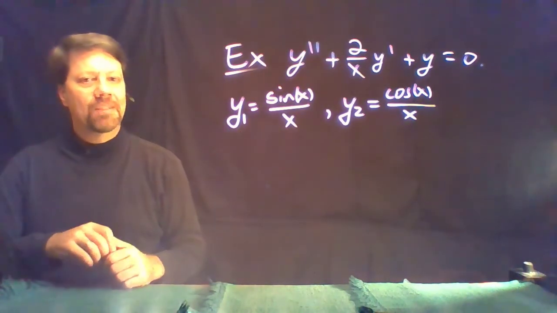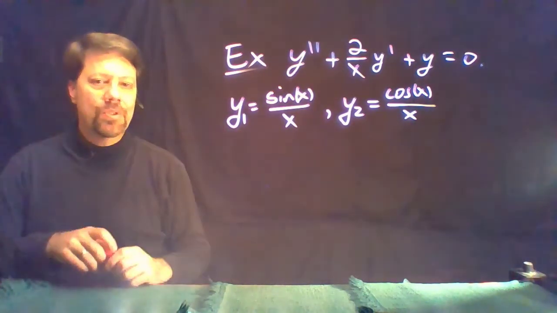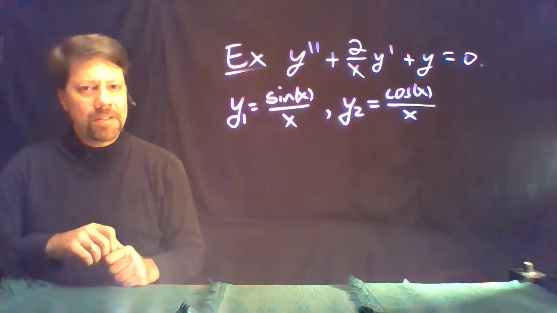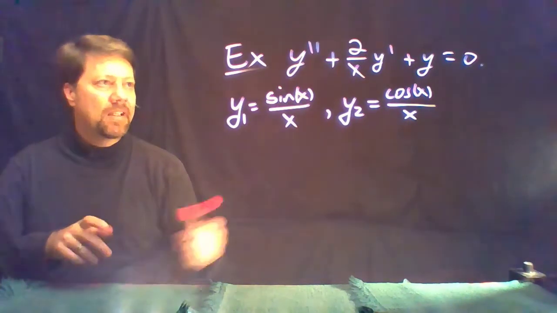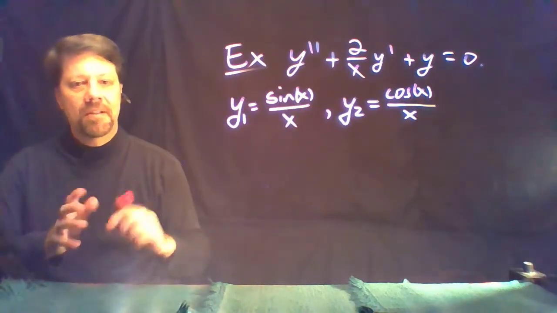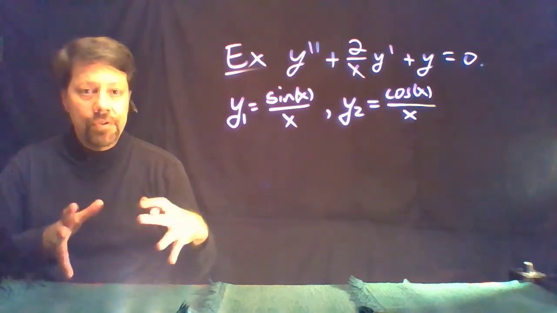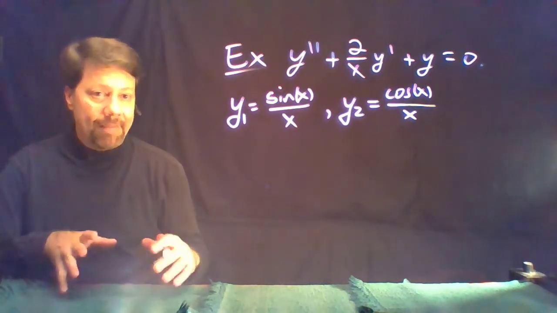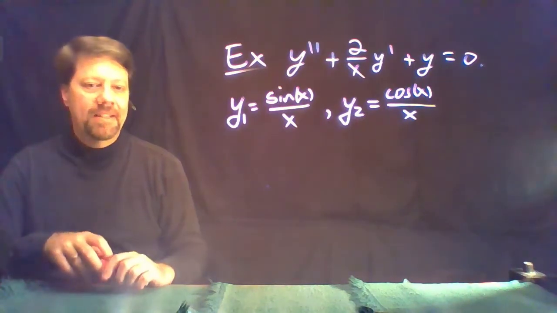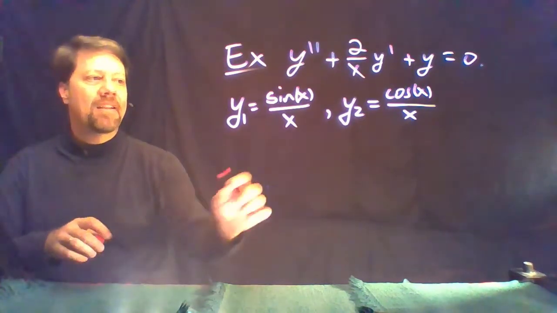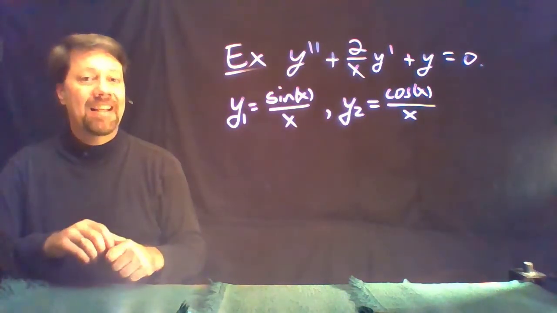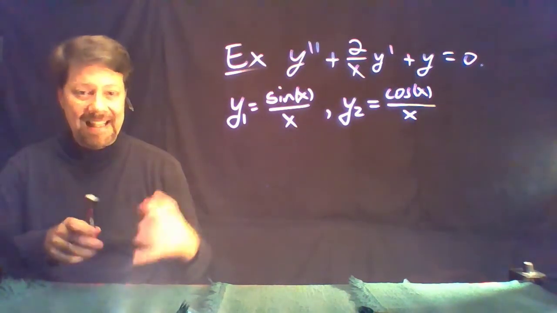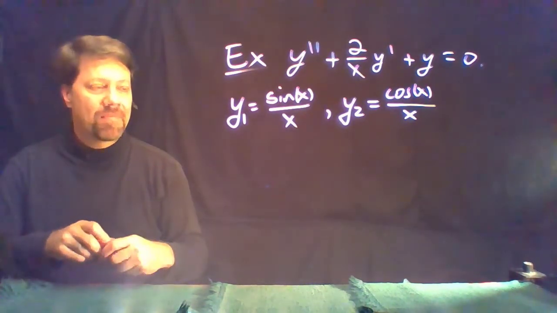However, one thing I'd like to point out, while these are both solutions, one of them is physical and the other one is not. If this truly represents something involving the diffusion, say, of blue light through the atmosphere or of heat inside of the Earth, then you cannot have infinite values of heat density or of neutron density.